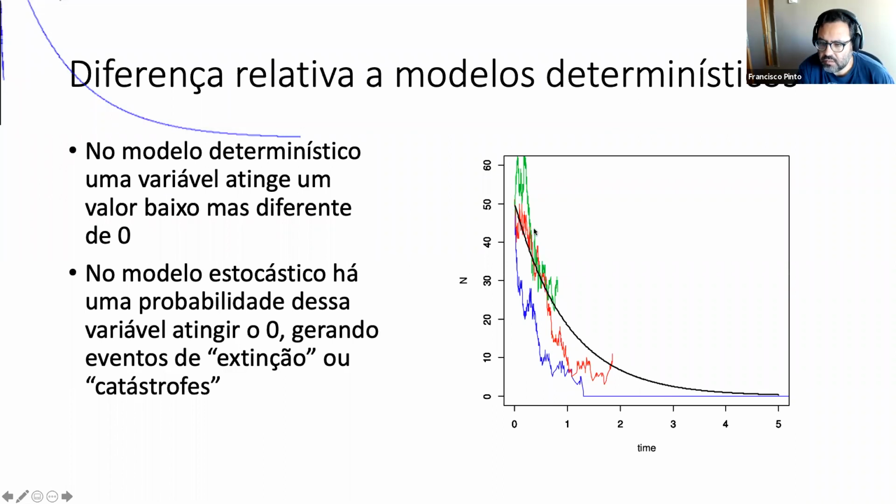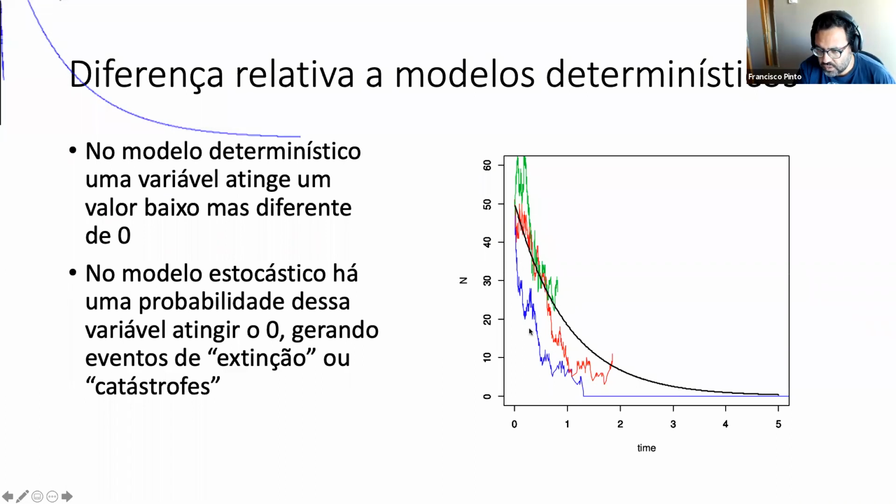And with these three colors, we have the stochastic simulations of the same system. And you see that, for example, in the green simulation, even in the beginning, you have fluctuations. So the rate of degradation is not always constant.